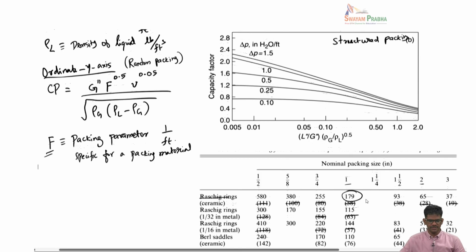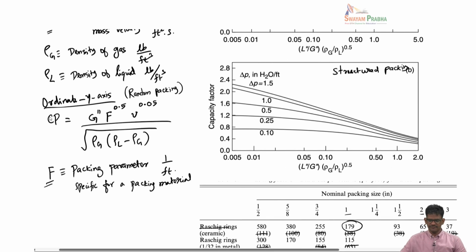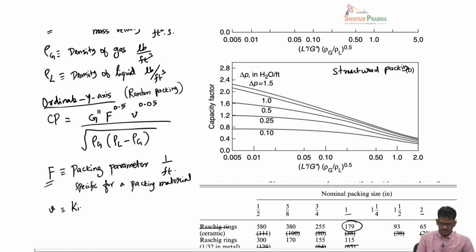So, going back to the definition of capacity factor, G double prime is the gas mass flux, F is the packing parameter dependent on the packing material and size, and nu here is the kinematic viscosity. And this should be given in centipoise.